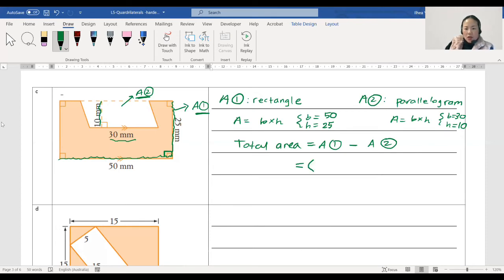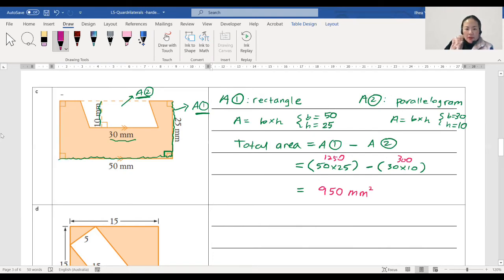So base times height: 50 times 25, take away area 2, base times height, 30 times 10. That's 1,250 for this one, and that's 300. When I put them together in the calculator, I will get 950 millimeters squared, or square millimeters.